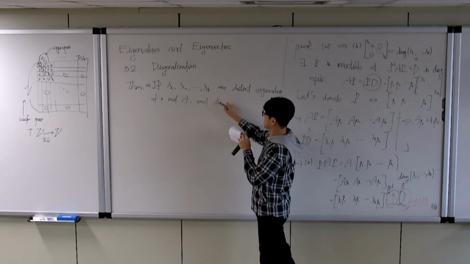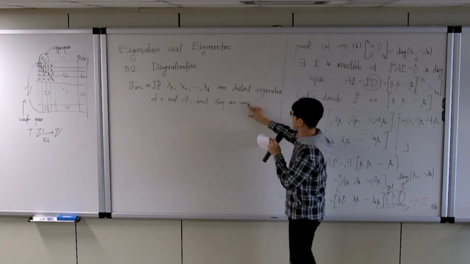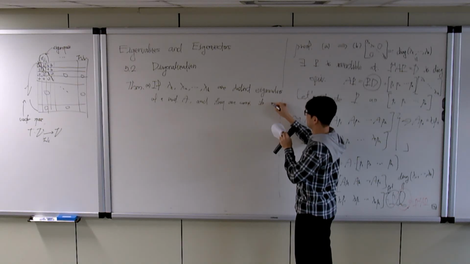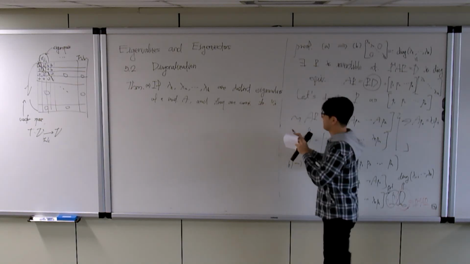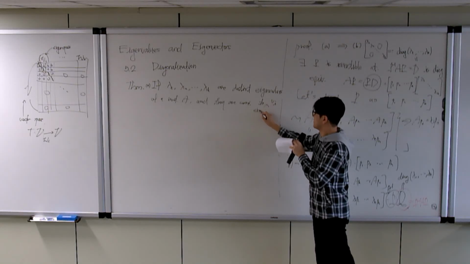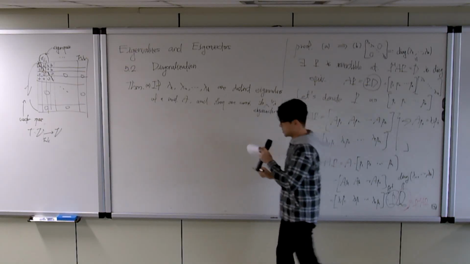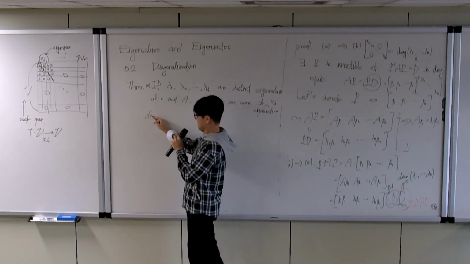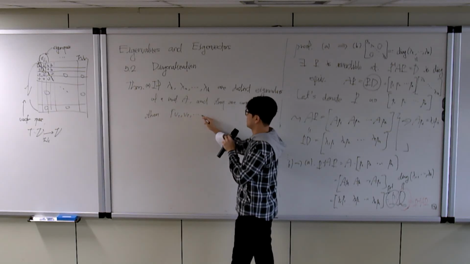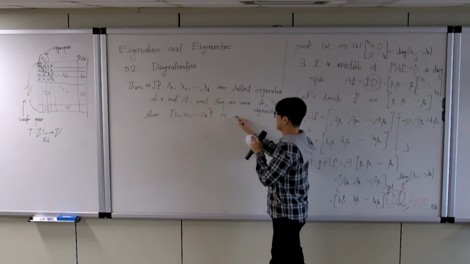Here r is the largest number that makes this set, V prime, linearly independent.